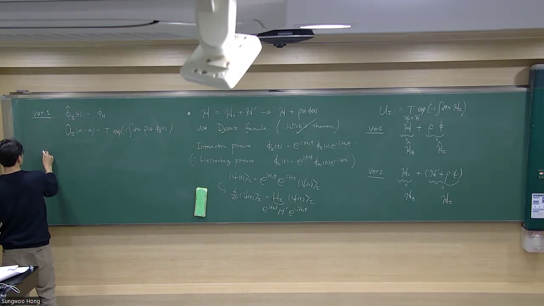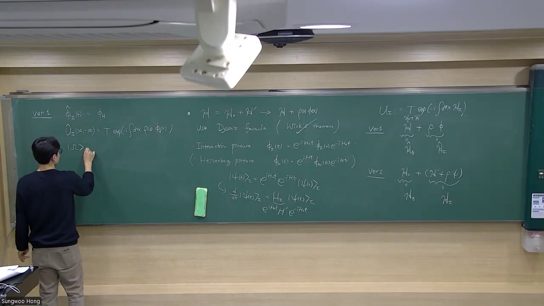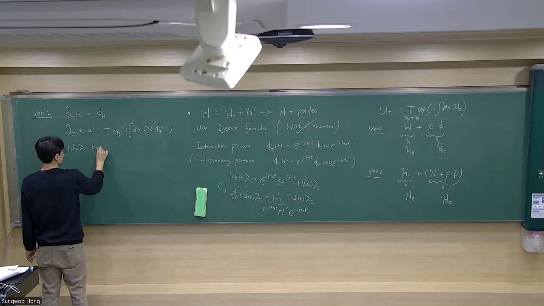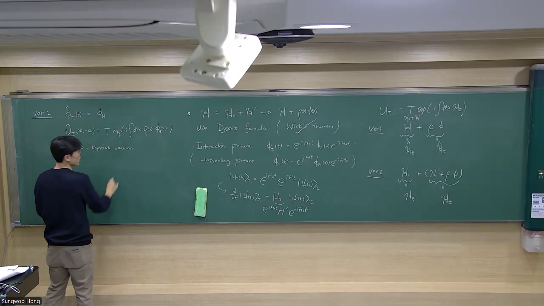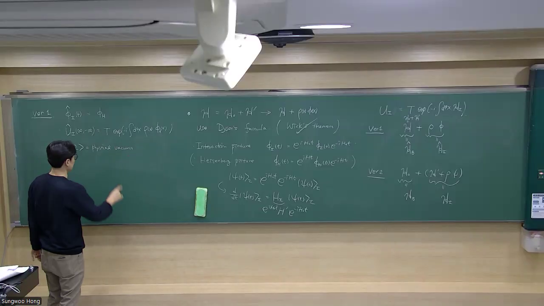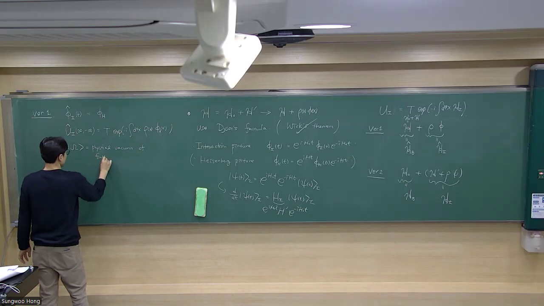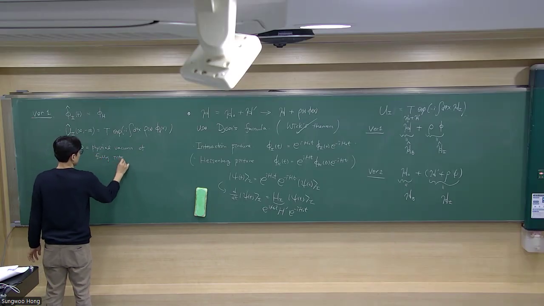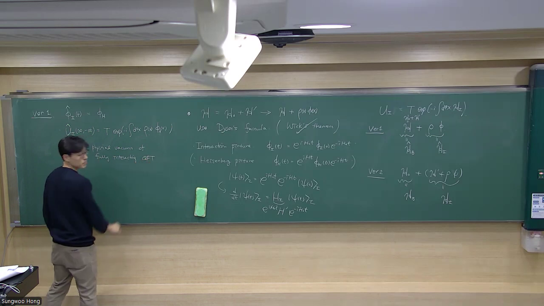So let's now consider, and I'm going to use the following notation, big Omega. This is the physical vacuum, because I'm not relying on any perturbation theory in this slide. So this is the physical vacuum of the fully interacting QFT.